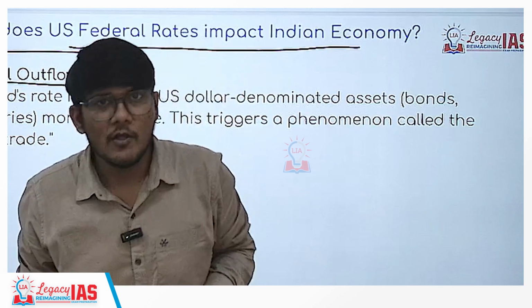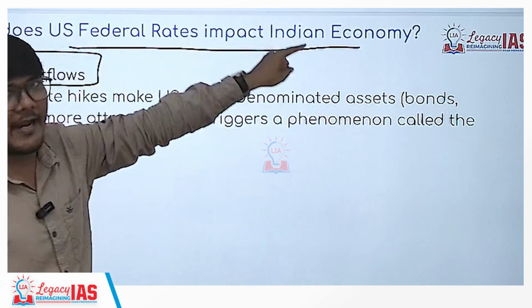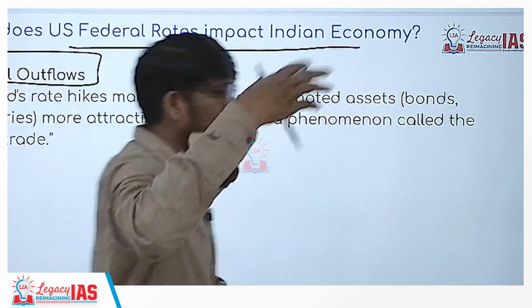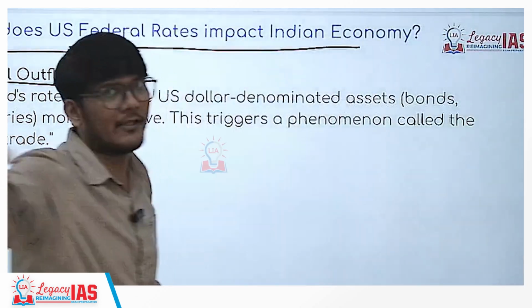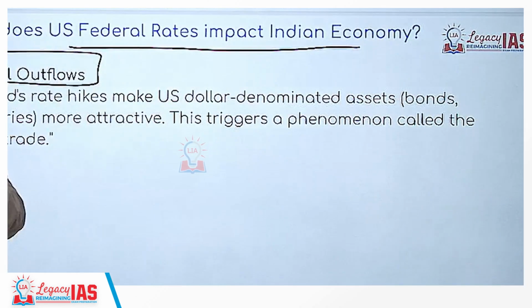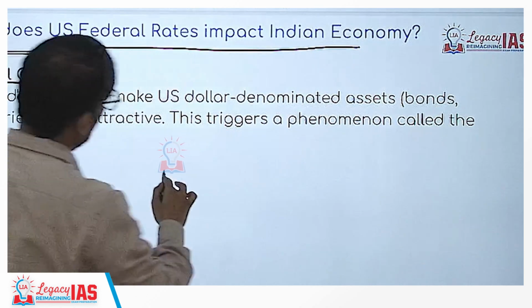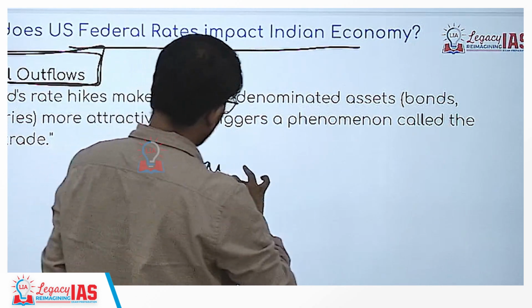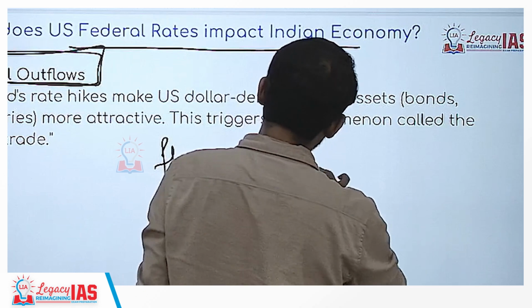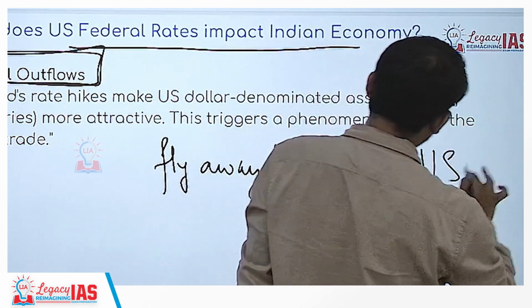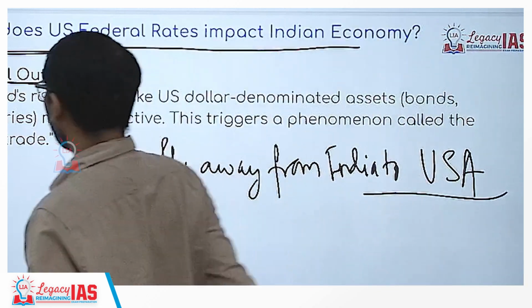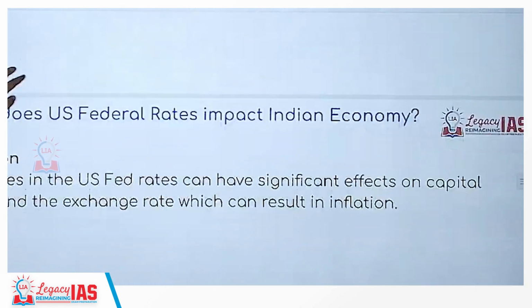So now if the Federal Bank increases the rate, if you invest your money in the US, you will be earning more interest on the fixed deposit or other instruments. So the capital will outflow and would want to fly away from India to the USA. Clear? So that is one thing that can happen.